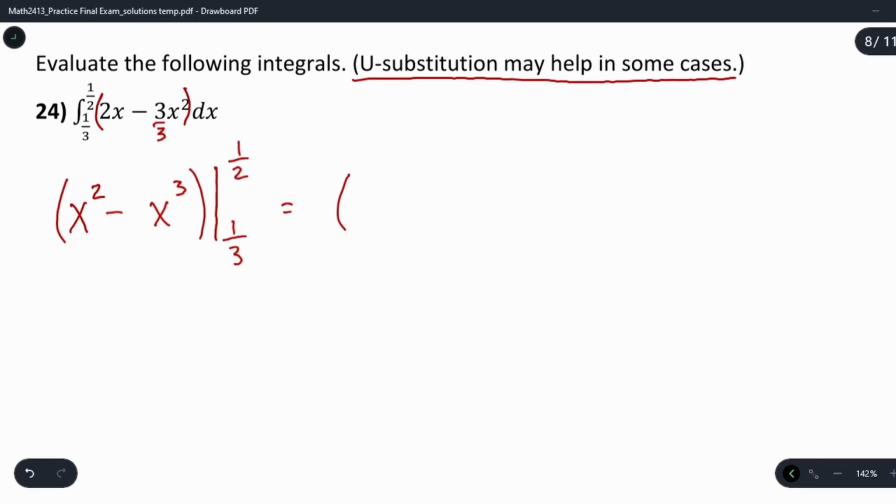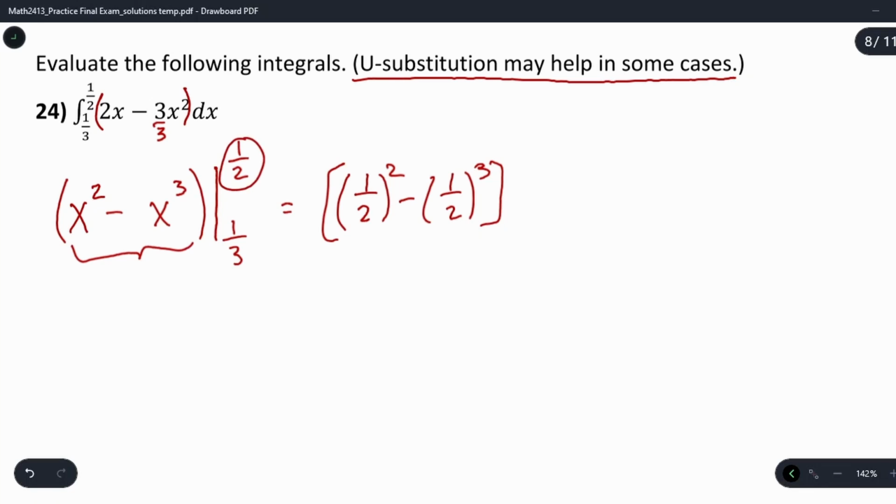So that's going to give us 1/2 squared minus 1/2 cubed. That is this expression evaluated at 1/2, and then we subtract the same expression evaluated at 1/3. That'll be 1/3 squared minus 1/3 cubed.